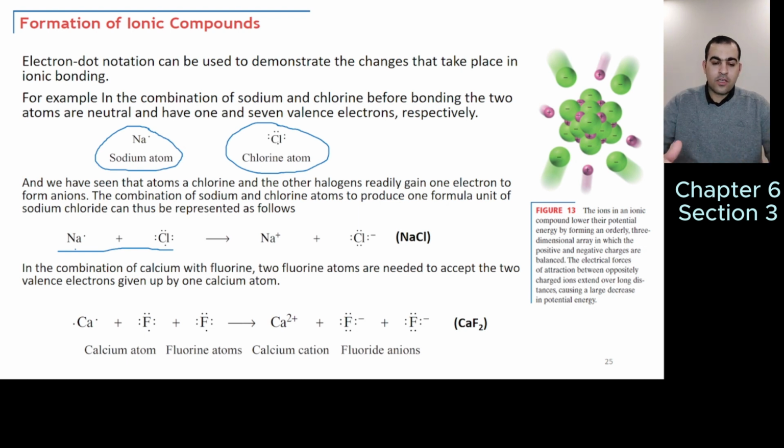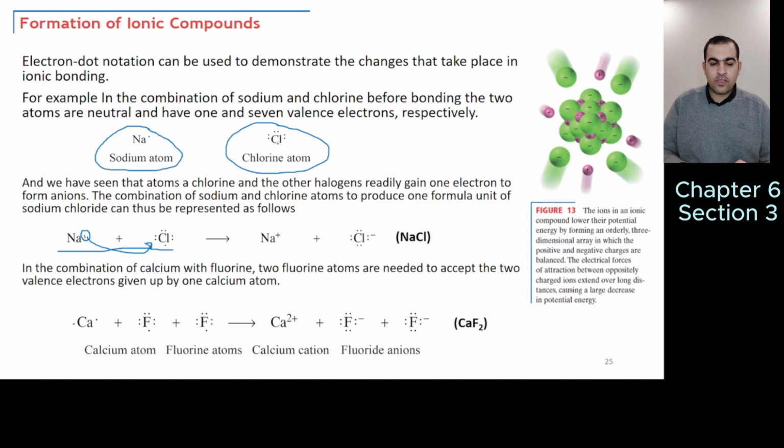Then it follows the octet rule and is going to be stable. Its potential energy will decrease. Chlorine has 7 and needs 1 electron. At this time, this electron transfers to chlorine. Sodium loses, chlorine gains.